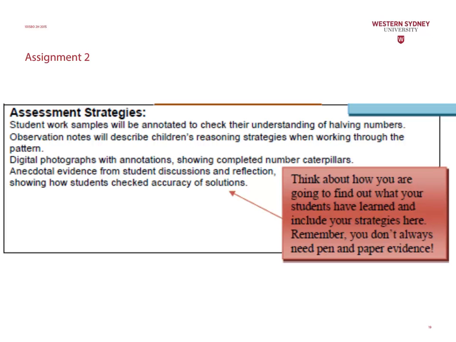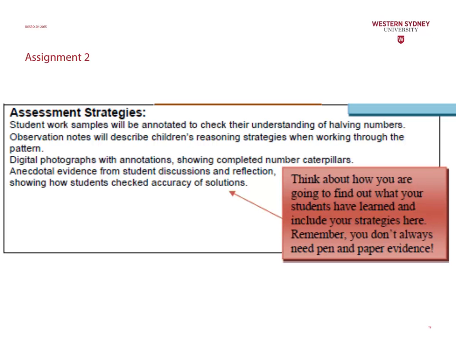Now, just a tip, you're going to get ideas for these assessment strategies and these pointers or statements from your content descriptors. So for example, my very first assessment strategy that I've written here in the example is: student work samples will be annotated to check their understanding of halving numbers.